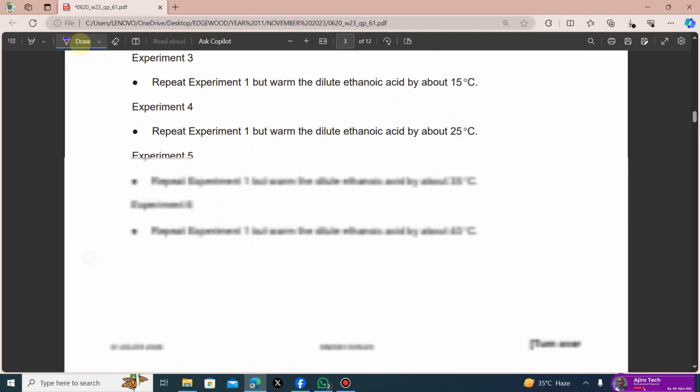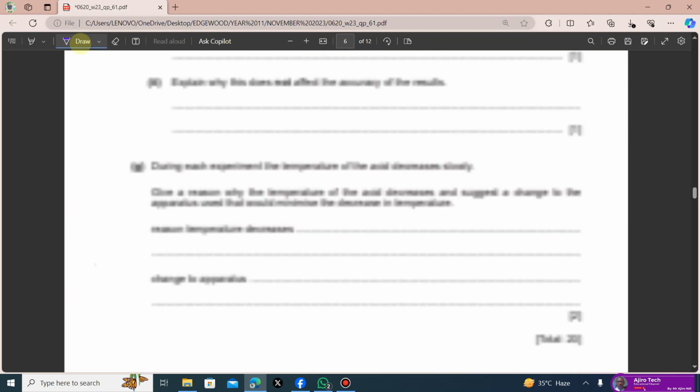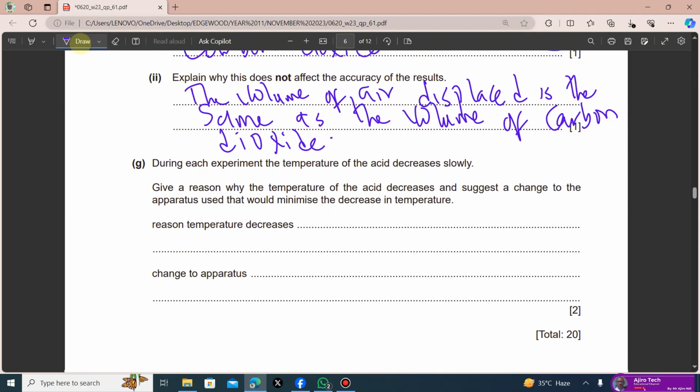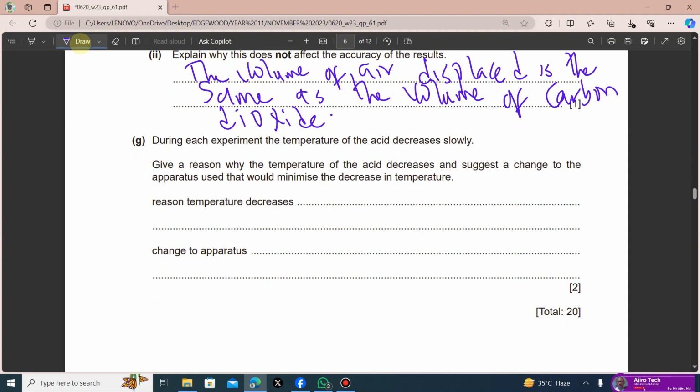And because of that, there is a decrease in the temperature. So you could simply say that the reason why there's a decrease in temperature is because the flask, which is glass, is not a good insulator.